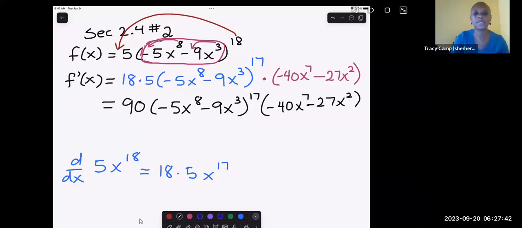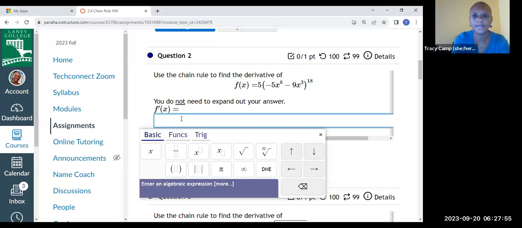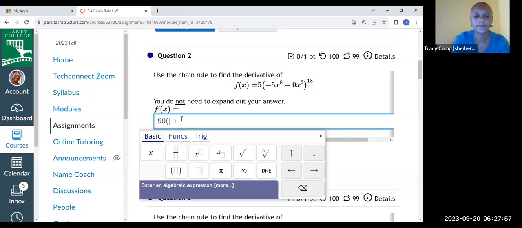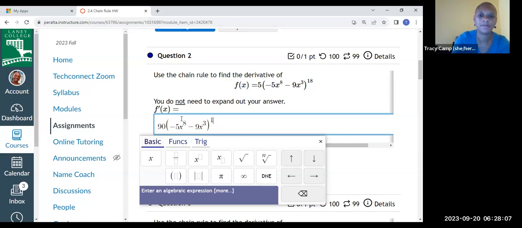So then just enter it just like this. So going back to, sorry. So we have 90 times -5x to the 8 minus 9x cubed, quantity raised to the power of 18.